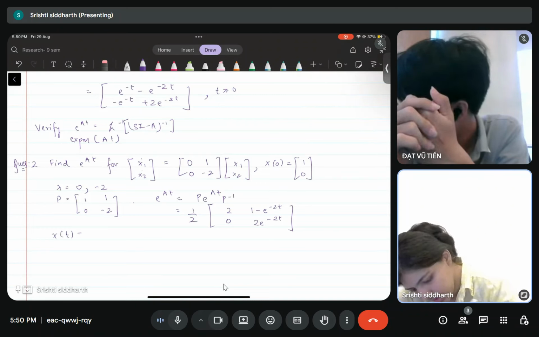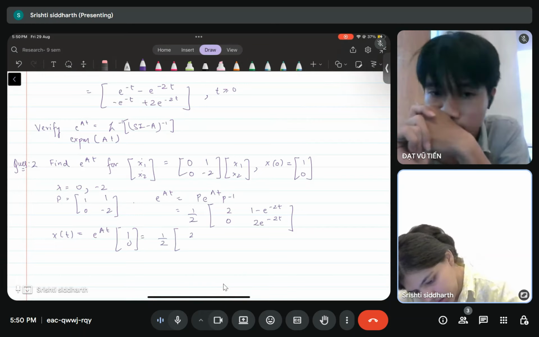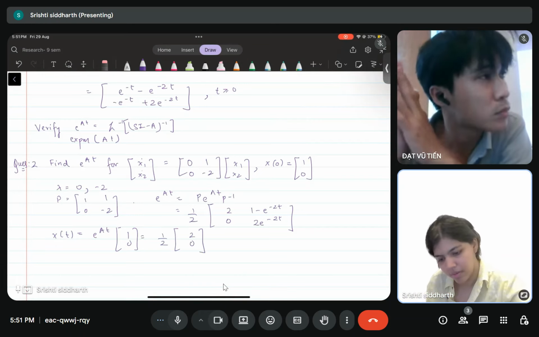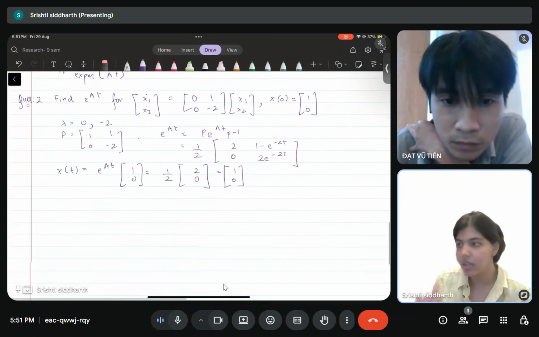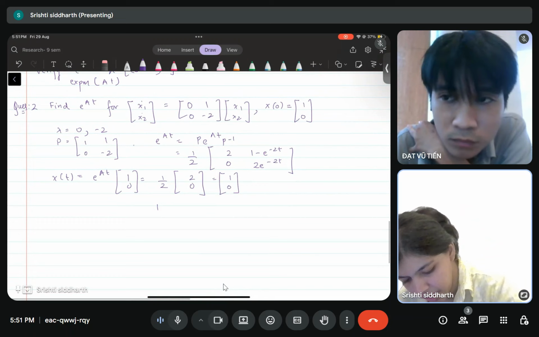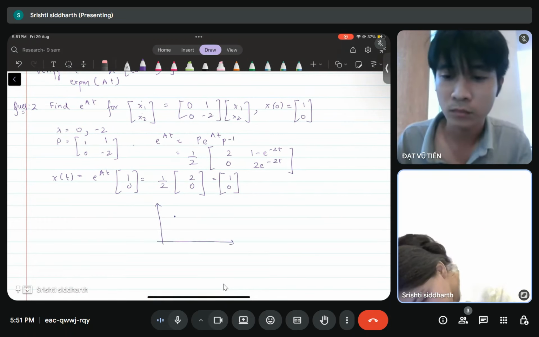So x of t is e to the power At times [1, 0]. And this is simply that. So what does this mean? So the initial condition and solution at any given time is the same. So the solution is constant.